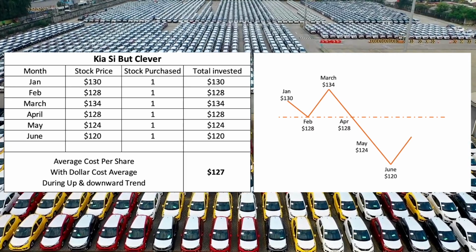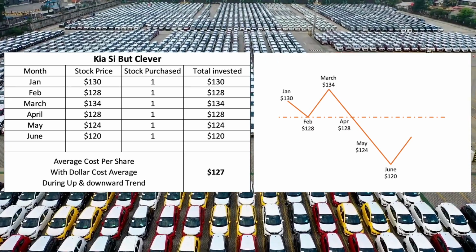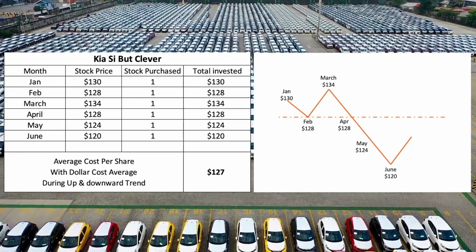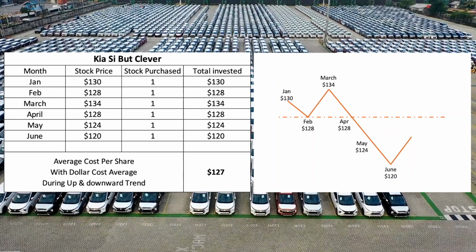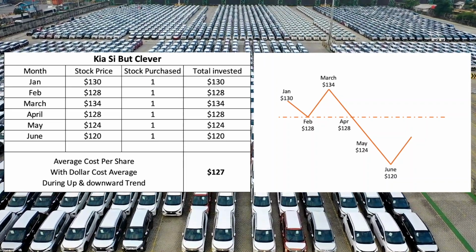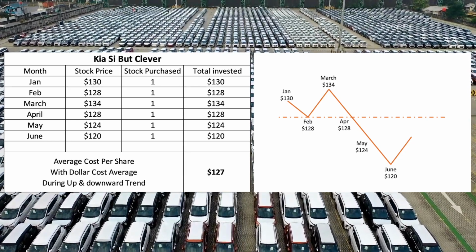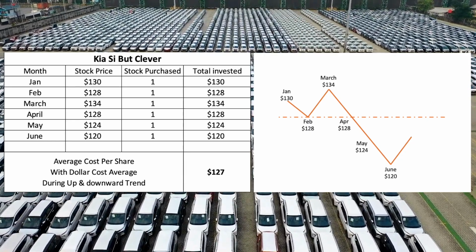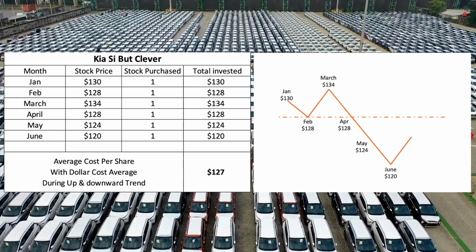The first table, I call it kiasi but clever. So over here, all this data is actually fake. It's just for your reference. It doesn't represent any real values. The first one in January, assuming I bought one Apple stock, which is $130. And then in February, I bought another Apple stock, but this time the value dropped to $128.